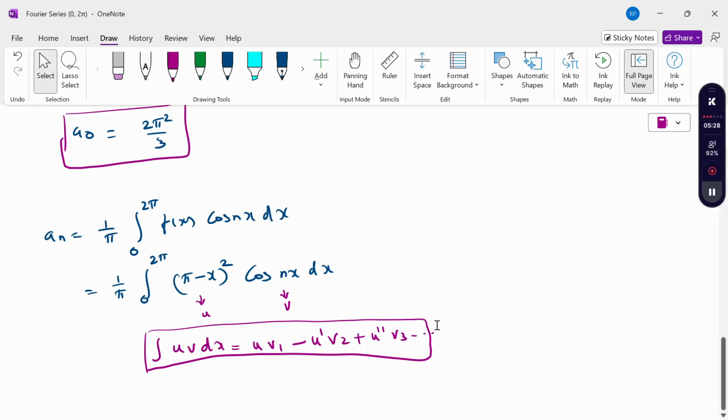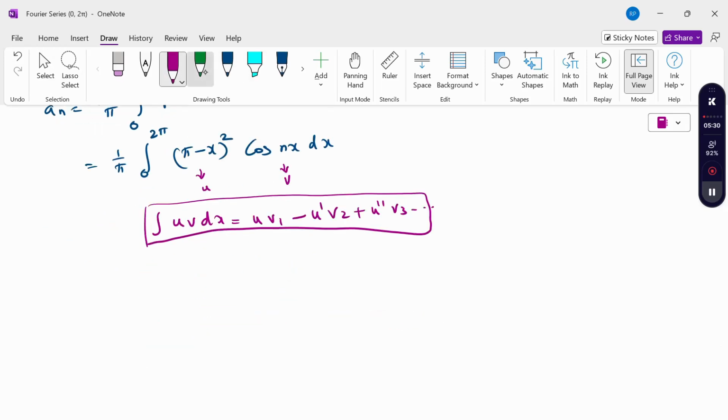So now consider here u. The u dash, u double dash are differentiations, and v1, v2 are integrations. Therefore I am taking u equal to (pi minus x) whole square, and v equal to cos nx.